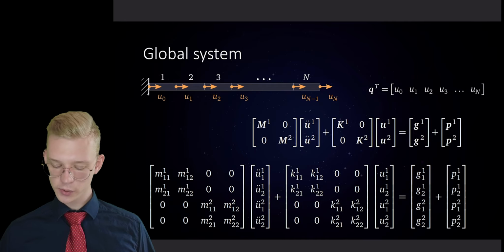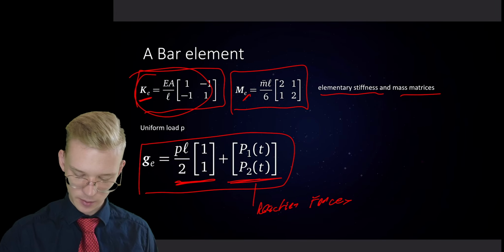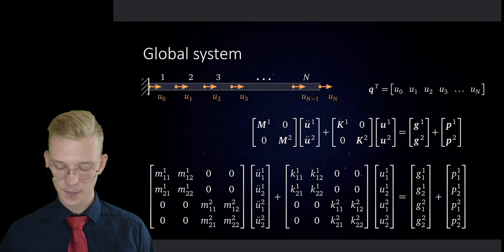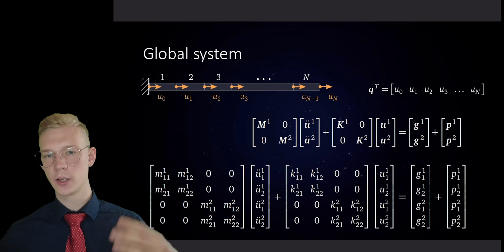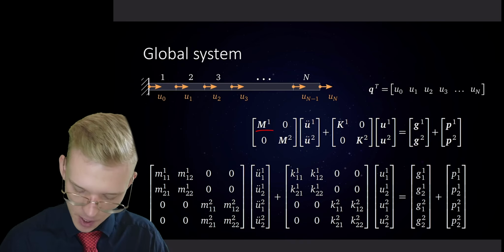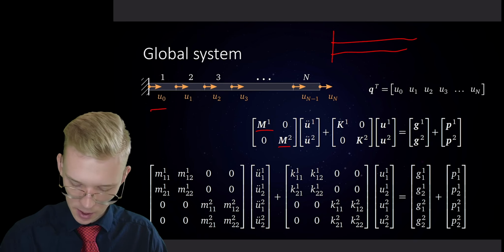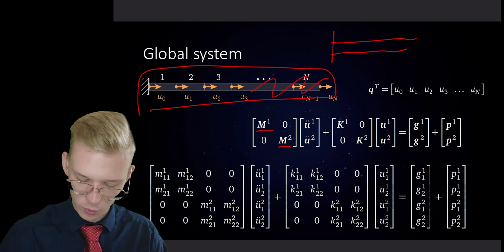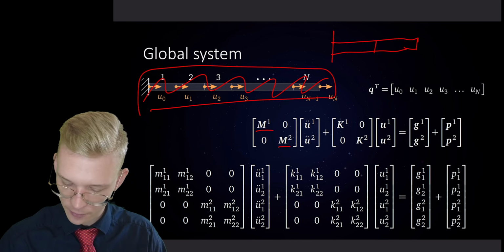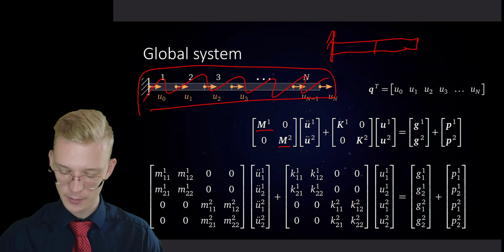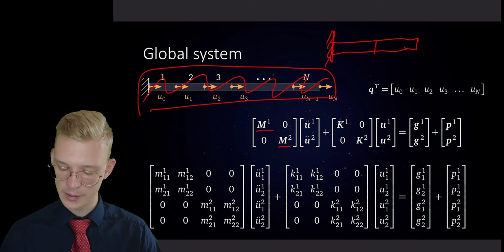We can use those equations, so the elementary mass and stiffness matrix, and combine them into one giant matrix. So we have matrix 1 and matrix 2. Here, this is our system in general, but we don't look at that now. We only have two elements, so we split our bar in two elements.